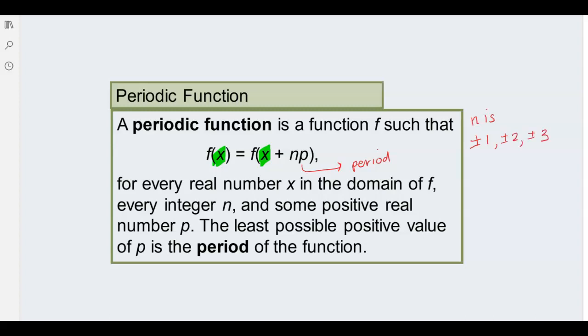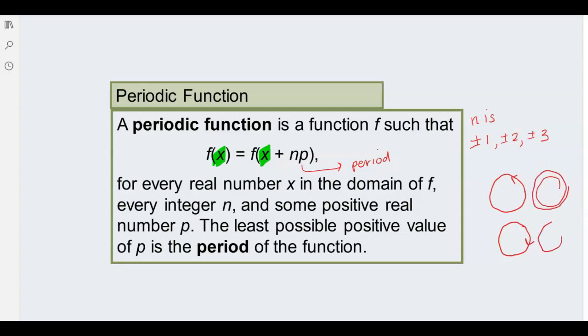For our purposes, that value n is going to represent, if it was a positive one, going around the circle one time in a counterclockwise fashion. If it was negative one, it would represent going around the circle one time in a negative fashion. Plus 2 would be going around the circle twice.